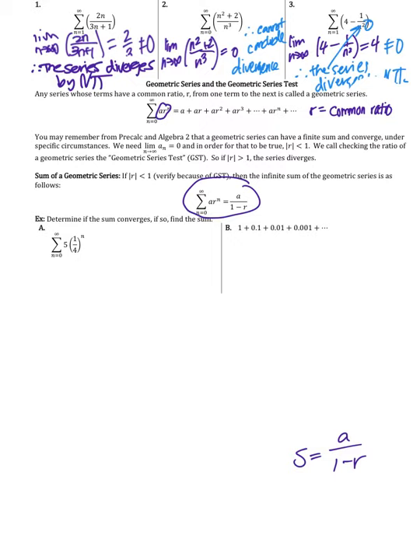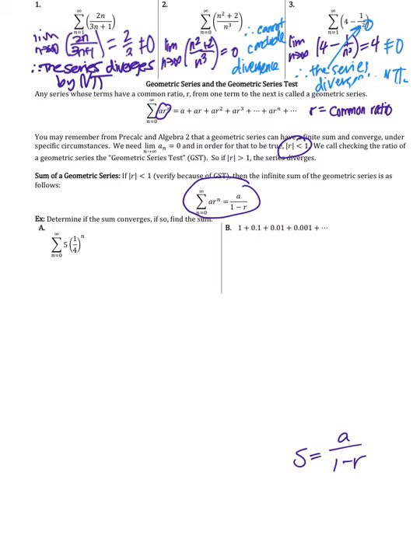We need the limit as n approaches infinity of a sub n to equal 0 in order for this series to converge, just by the way that it's set up. And in order for that to be true, we need that ratio, or the absolute value of that ratio, to be less than 1.